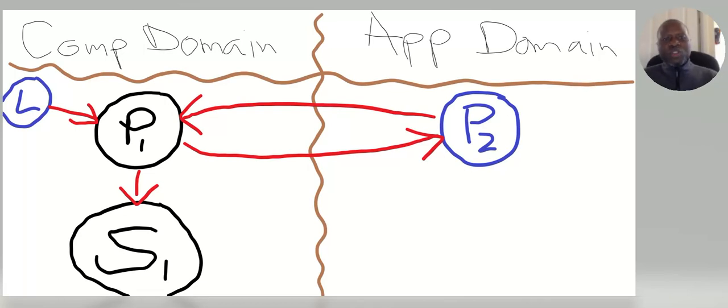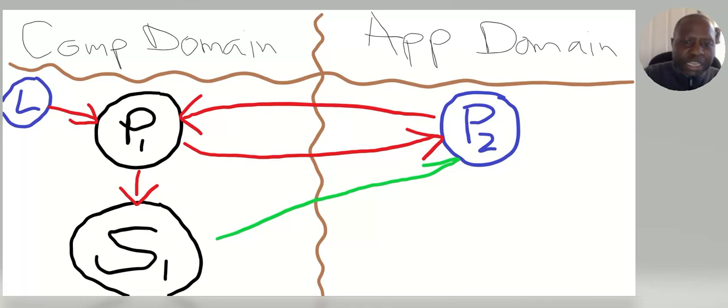Now, usually, most of your research, all the period of your doctoral research, is based on the computing problem. And only when you come up with a solution in the computing problem do you start visiting the application problem.